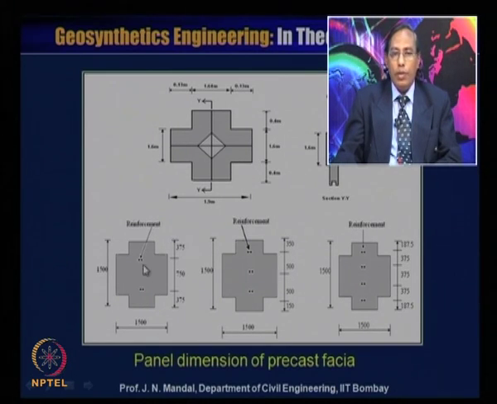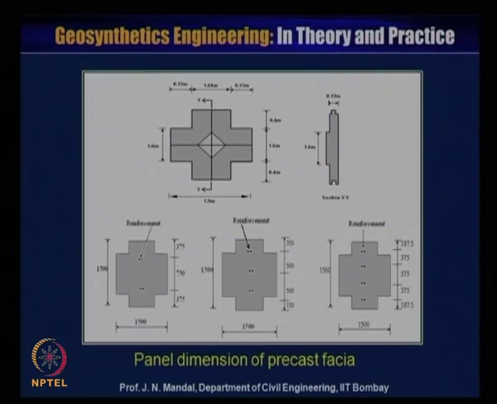So, according to their manufacturing process and the quality of the geogrid material, sometimes the spacing is almost fixed, and sometimes depending upon the block you can change the spacing, depending upon the thickness of the block, whether you are using the panel or you are using the block.